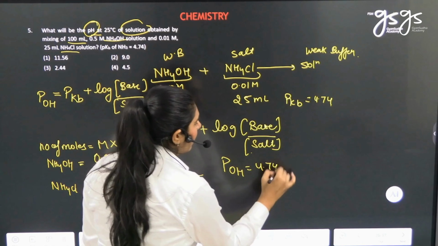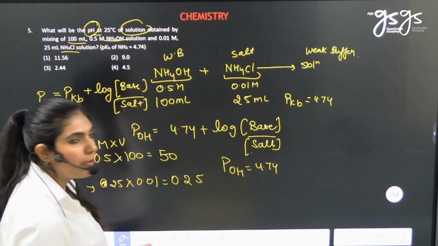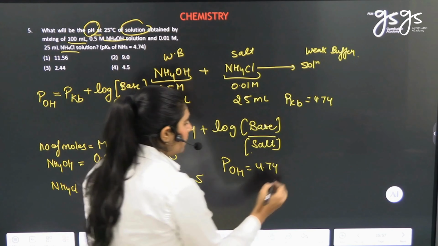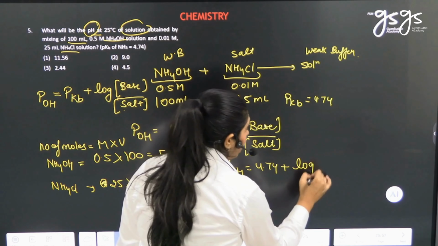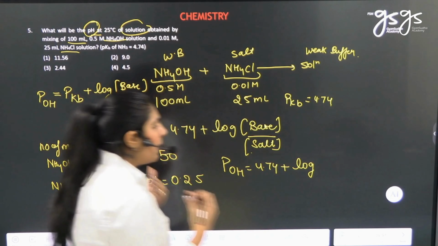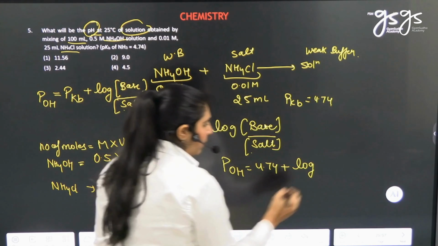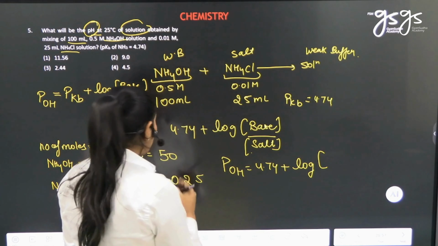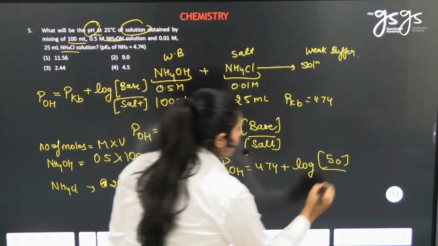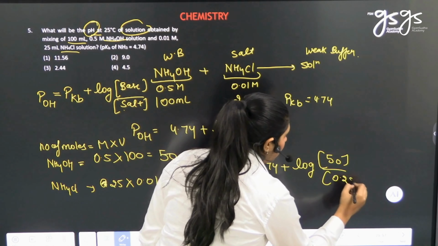As I said, we put the number of moles directly into the concentration terms, which makes the calculation easier, because if we calculate by the traditional method, the volume just cancels out. So what is the base value? That is 50. And for the salt, that is 0.25.